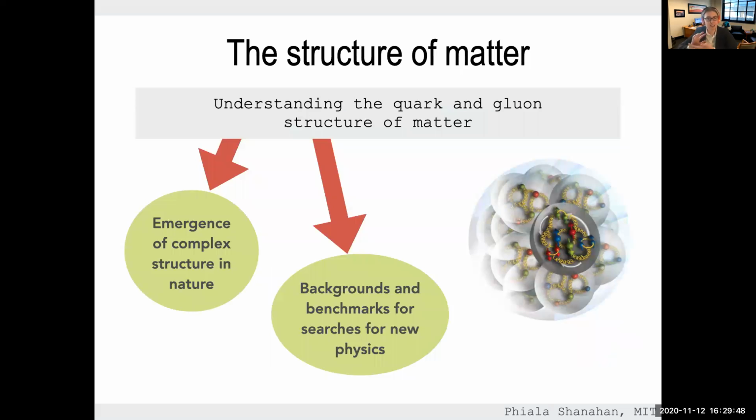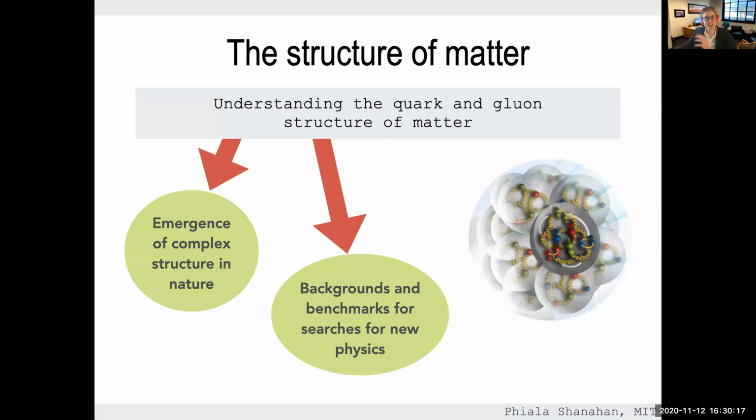So when I'm discussing understanding the structure of matter, of protons and of nuclei from quarks and gluons, there's really several reasons. The first is for its own sake, to understand the emergence of all of the complexity in nature from this beautiful, elegant theory of the standard model. And the second is that since we know the standard model isn't everything, we need to understand it better to constrain searches for new physics.